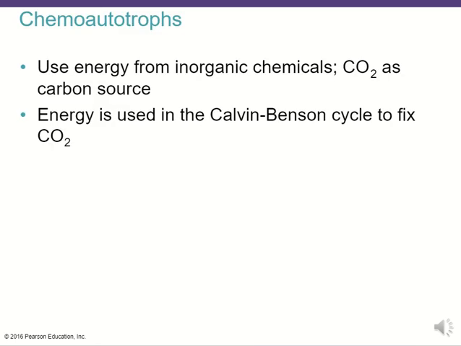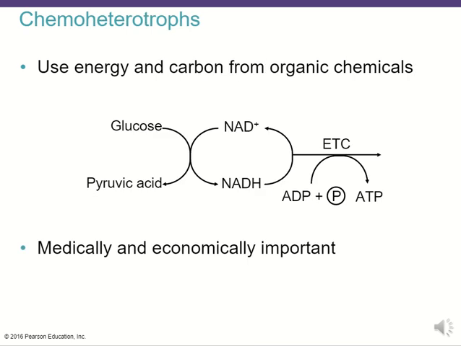Now, chemoautotrophs use energy from inorganic chemicals, with carbon dioxide as the carbon source. And energy is used in the Calvin-Benson cycle to combine or fixate carbon dioxide. Now, chemoheterotrophs use energy and carbon from organic chemicals, essentially glucose, in the process of being broken down into two pyruvic acid molecules.